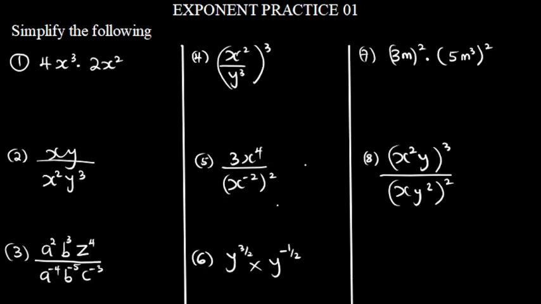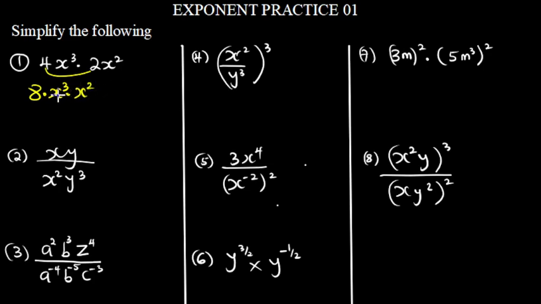The first one: this is 4x to the power of 3 multiplied by 2x to the power of 2. Okay, so 4 times 2 is 8, then x to the power of 3 times x to the power of 2.